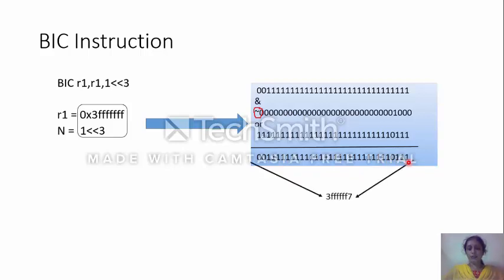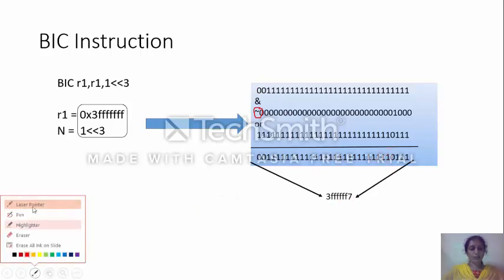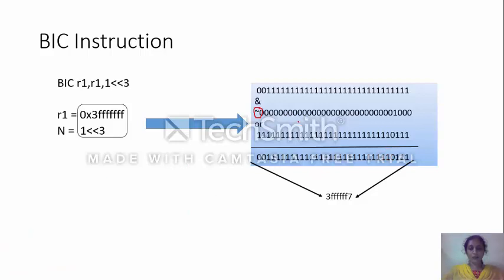So you can see that the output is 0xFFFFFFF7. It means this particular bit number 3 is cleared. If it was previously 0, then it will still be 0. If it was previously 1, then it will become 0. So by default it clears the bit status.